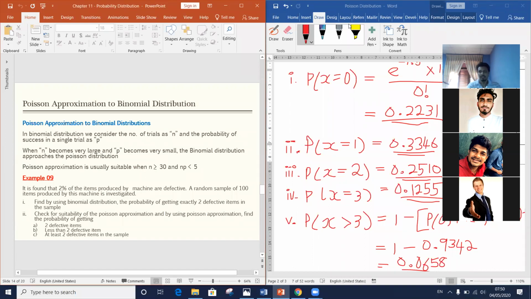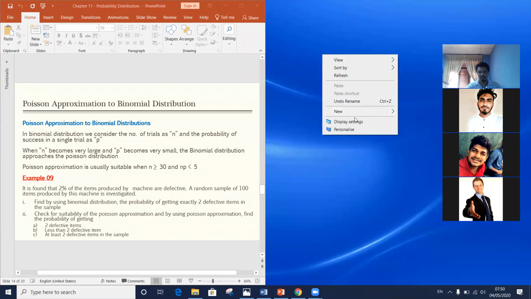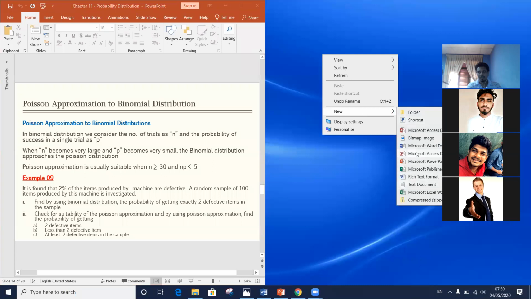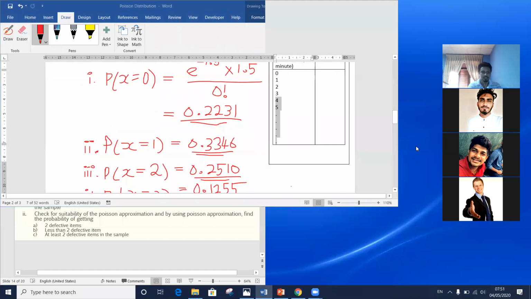There is something like this as well. Approximation, Poisson approximation to binomial distribution, right? Poisson approximation to binomial distributions.